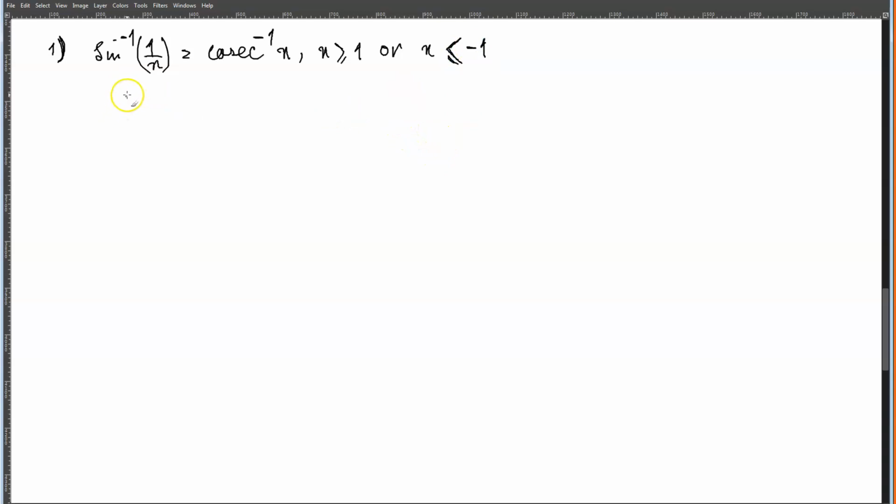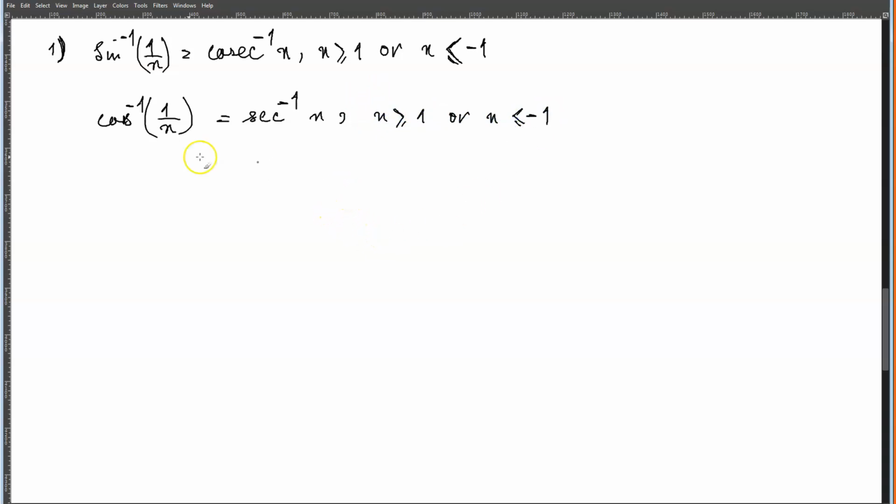Number 2, we said that the cos inverse of 1 by x is equal to secant inverse of x, for x greater than or equal to 1, or x less than or equal to -1.